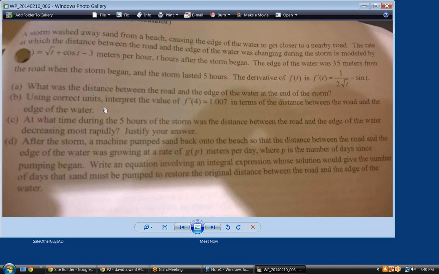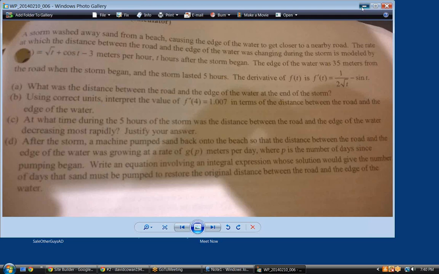First of all, the definition of f prime of t being the derivative. Derivatives are slopes. So f prime of t would be the slope at any point of this function.